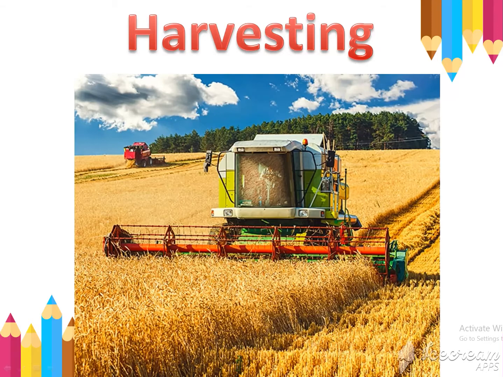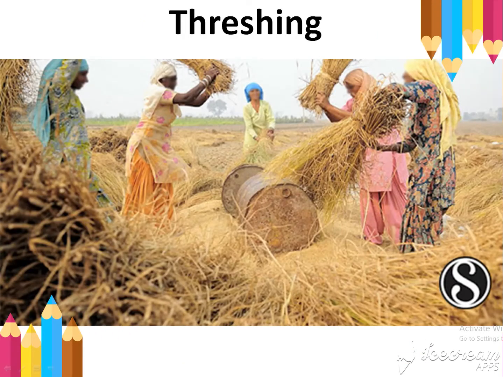After harvesting, the grains of the cereal plants are separated from the rest of the plant parts. That method is called threshing.